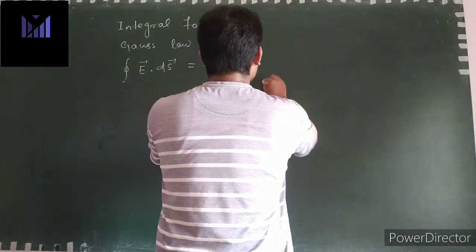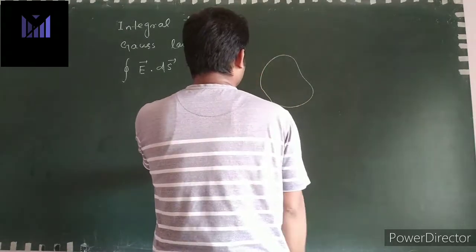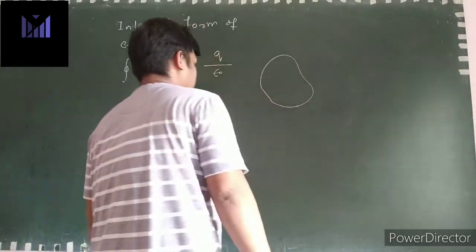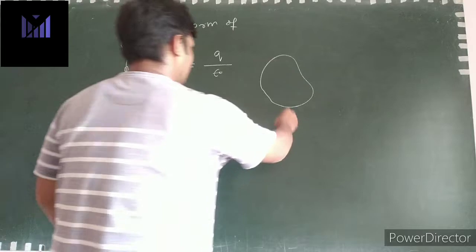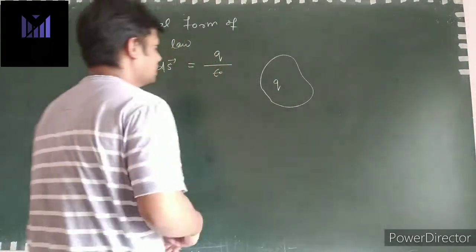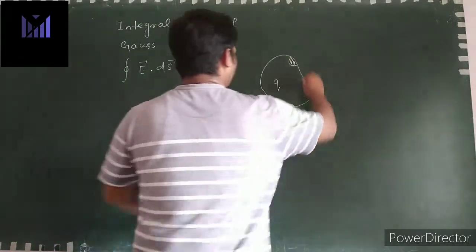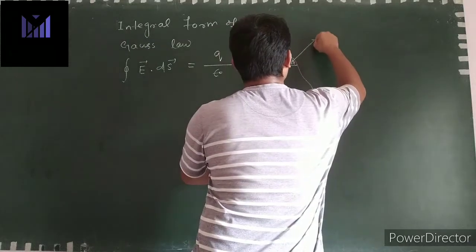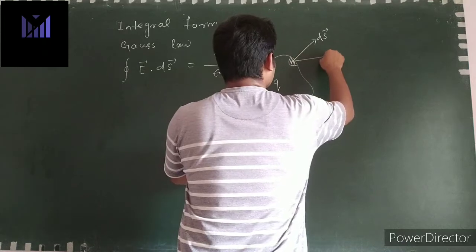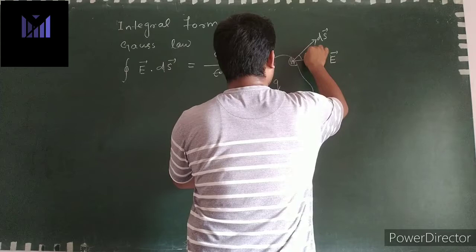Let's say this is an imaginary closed surface, and inside the closed surface there is some amount of charge that is represented by Q. Here this is a very small surface element, and the surface vector is, let's say, in this direction, and the electric field is in this direction, E. This angle is theta.